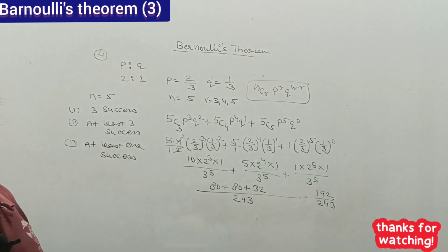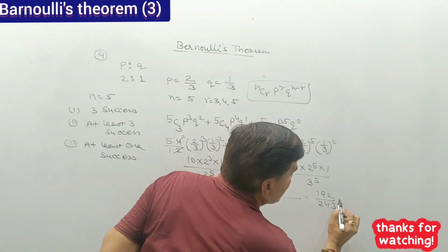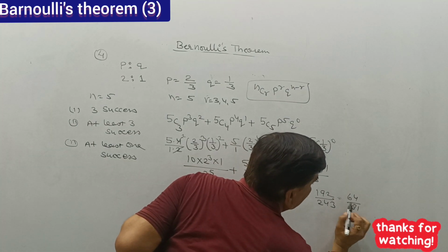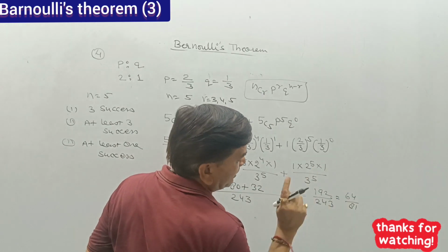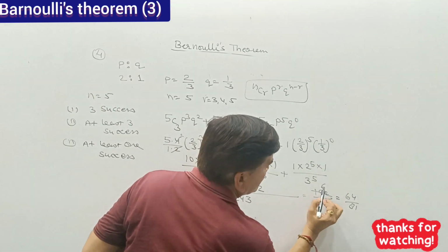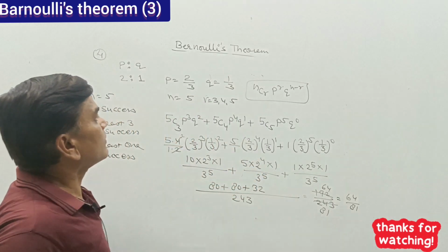So the value is 192 divided by 243. The answer is 64 upon 81, cutting by 3: 3 6s are 18, 3 4s are 12, 3 8s are 24, 3 1s are 3.